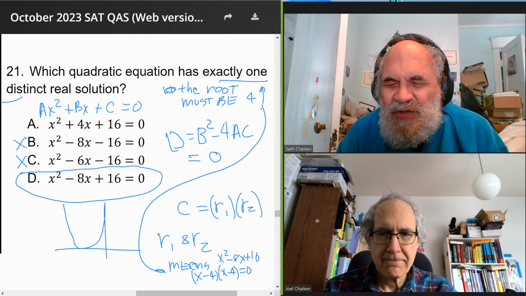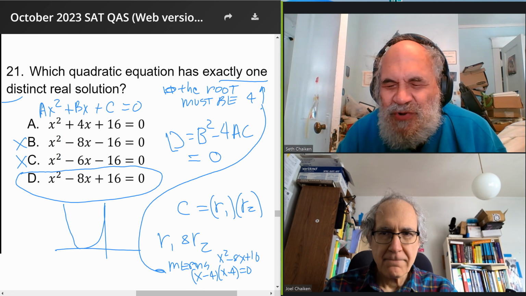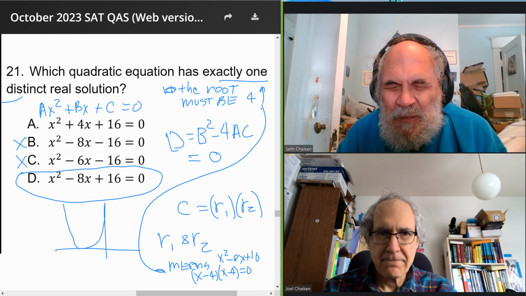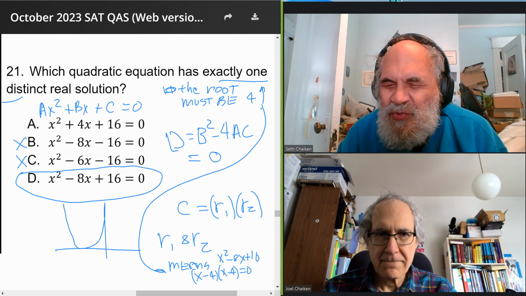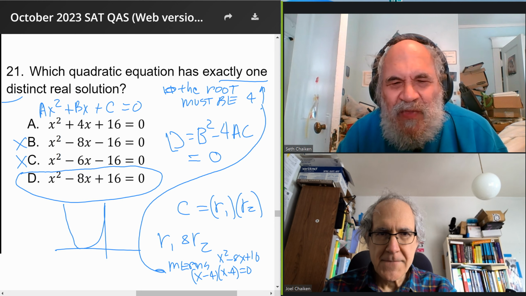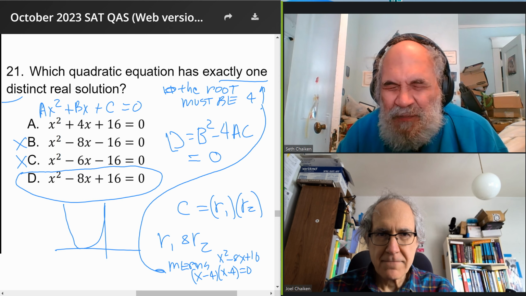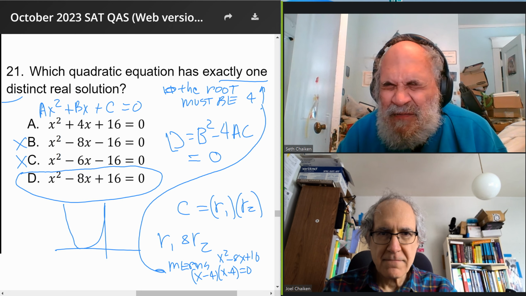Therefore you could just read off the product of the roots, and then the equal roots. Each root has to be the square root of the last term. So they're real, so the last term must be positive. The two roots are 4, and then the minus sum of the roots is minus 8. And you pick the one that is minus 8.